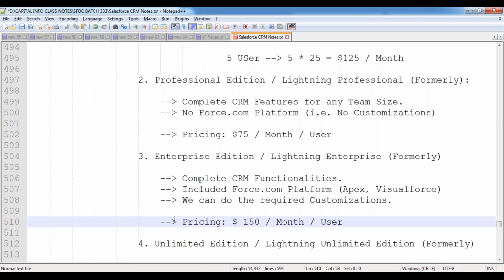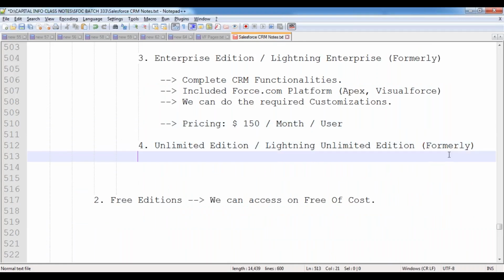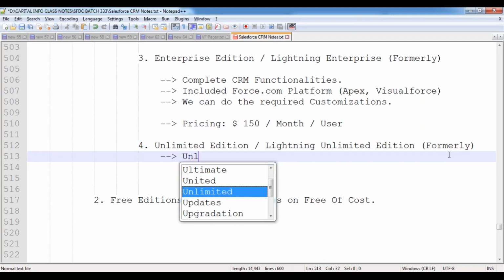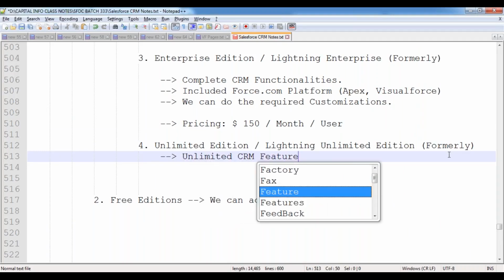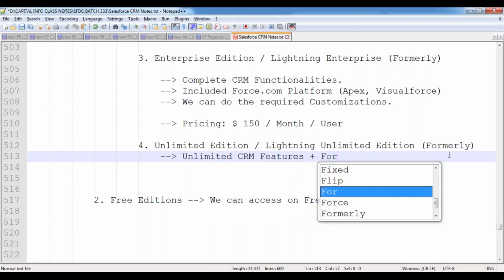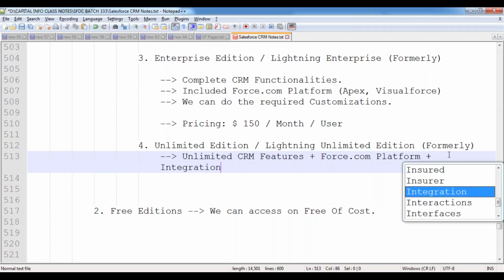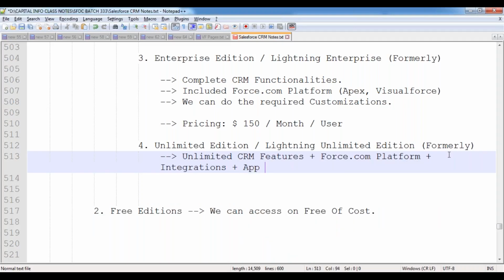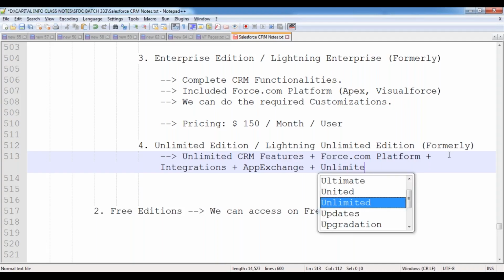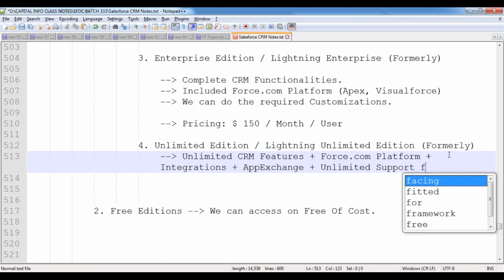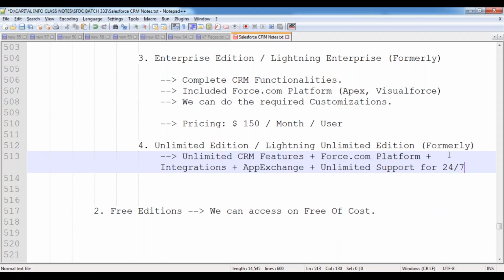Next one, unlimited edition. Here Salesforce is providing unlimited CRM functionalities, unlimited CRM features, and the Force.com platform, and integration facilities, and we have the AppExchange facilities, and then you will have unlimited support 24/7 from Salesforce.